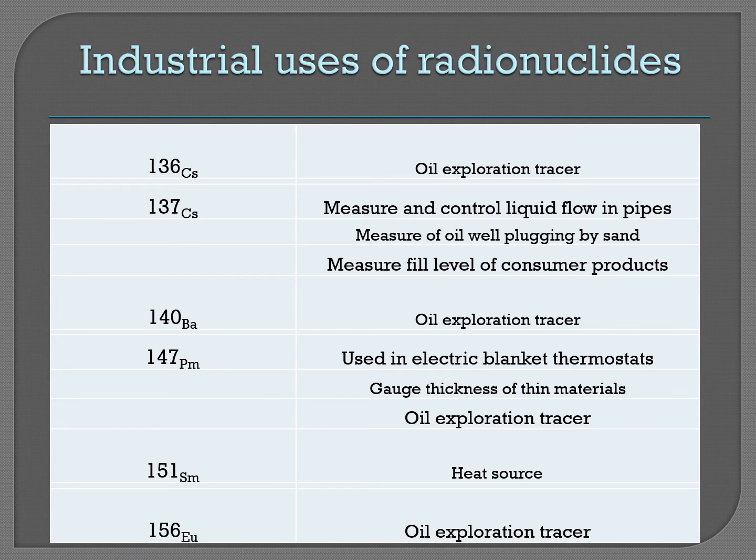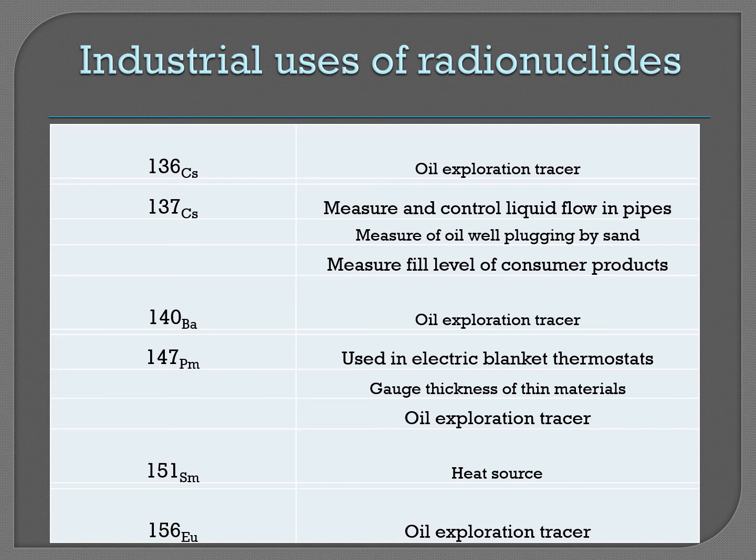Then we have CS136 and CS137 isotopes, and CS136 is also used as an oil exploration tracer, while CS137 is used to measure and control the liquid flow in pipes, and it is also used to measure the oil well plugging by sand, like different pipes getting clogged or filled with sand due to the sand particles present in oil.